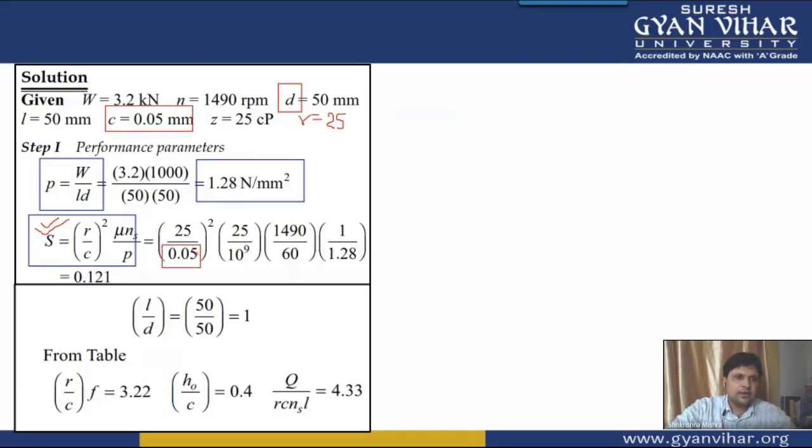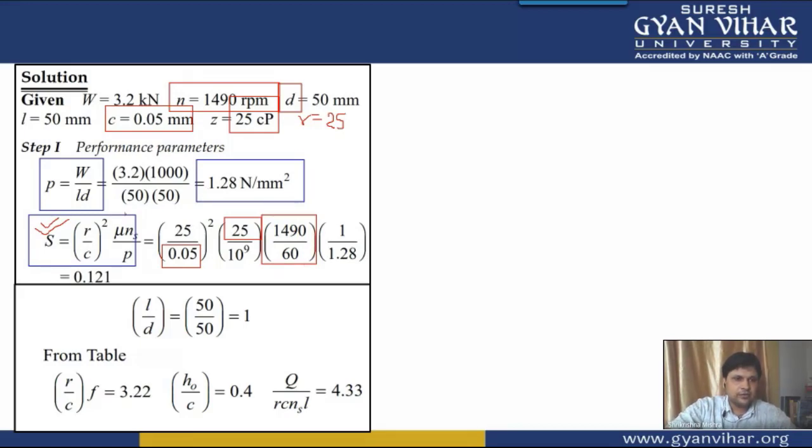This we have put. Then after, the mu value, the viscosity value, 25 centipoise, is also given to you. Mu into Ns, revolutions per second. So 1490 is basically your revolutions per minute, and for per second we have divided it by 60. We have got the value in revolutions per second.